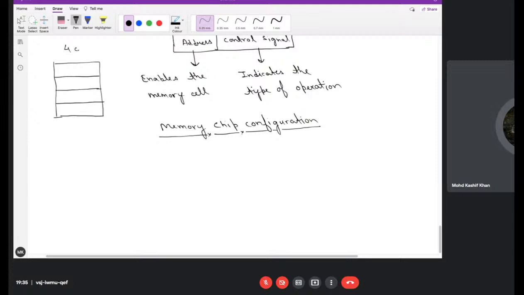This memory has been divided into four cells, and we have to give a unique address to each cell. So what is the minimum number of bits required to address each cell?